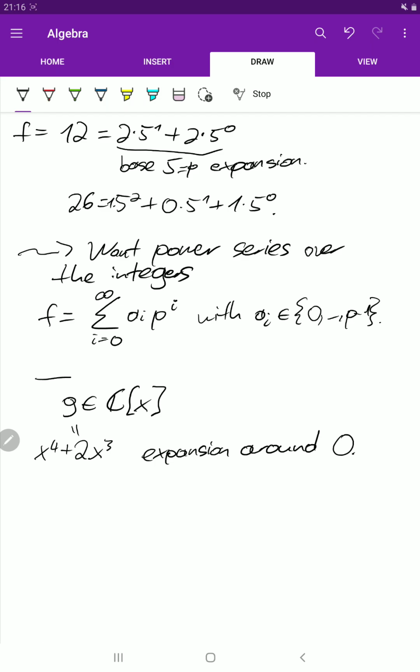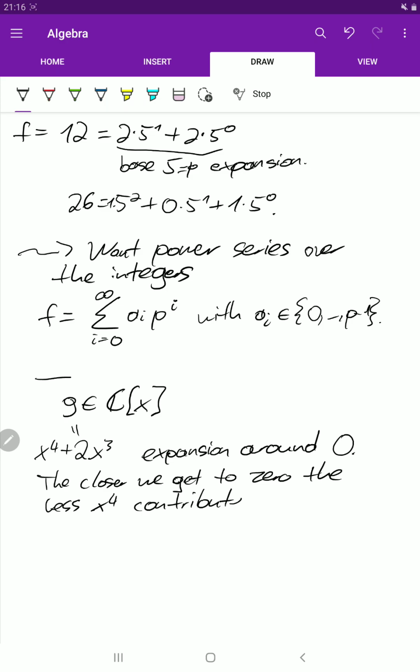And the closer we get to 0, the less x to the 4 contributes to the value of g.